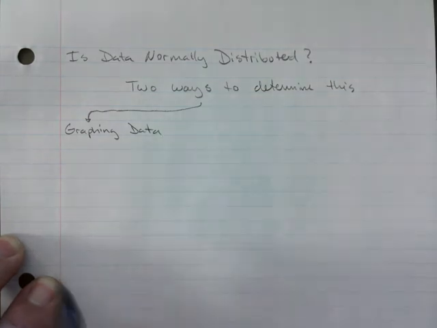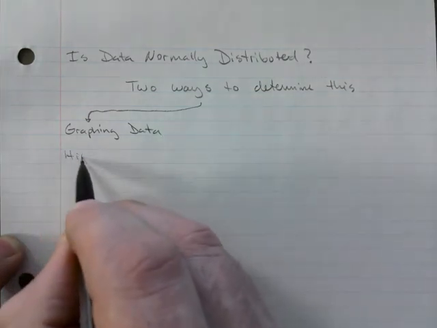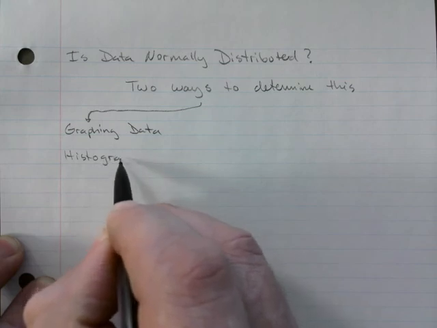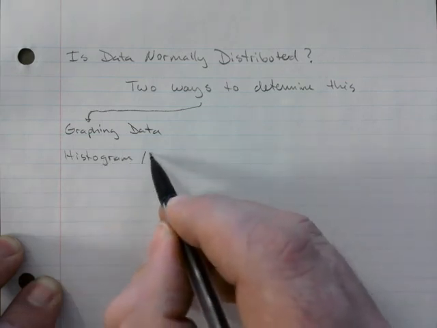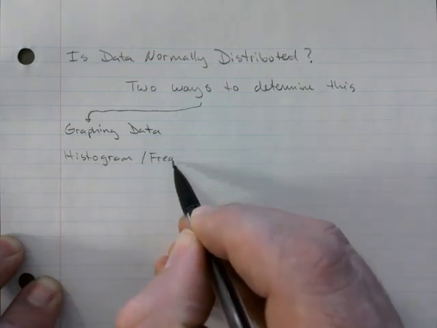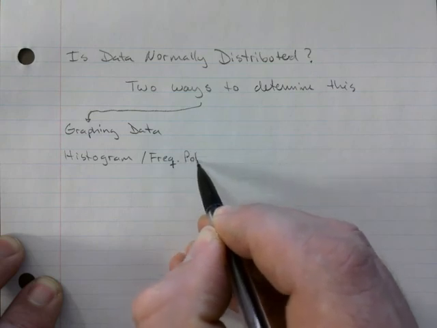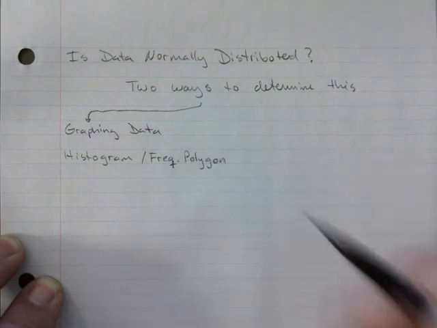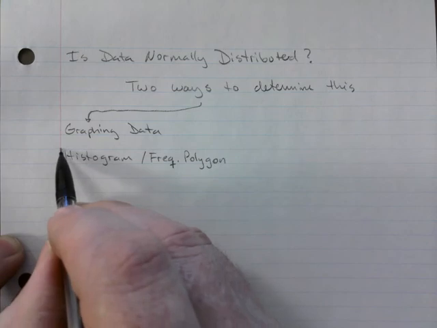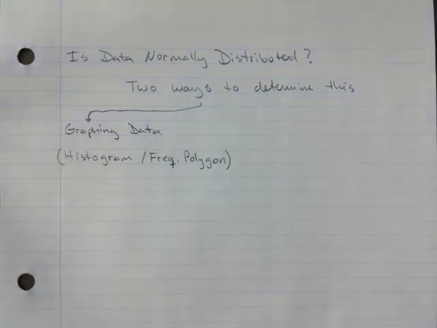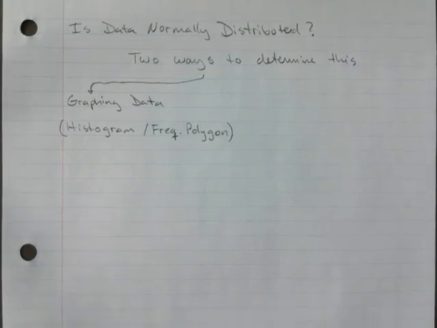data. So that could be a histogram primarily, or a frequency polygon. I'll put that in brackets. But mainly just graphing is how you could tell right away.